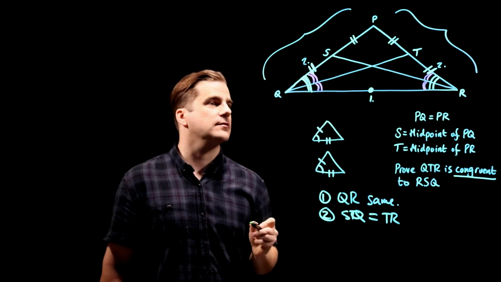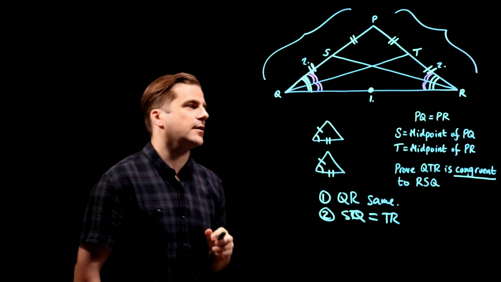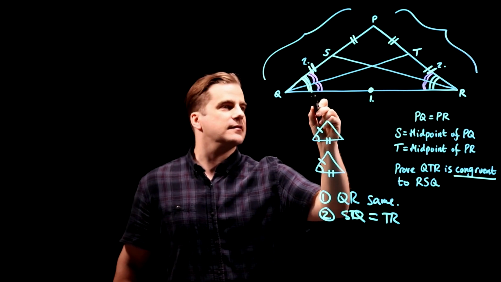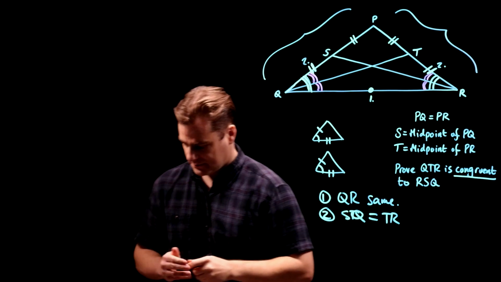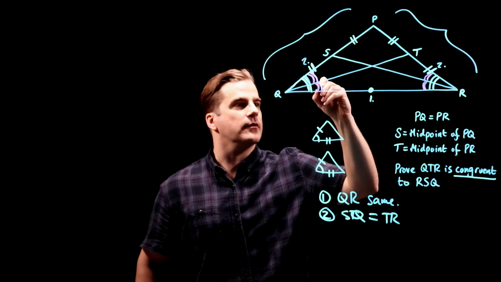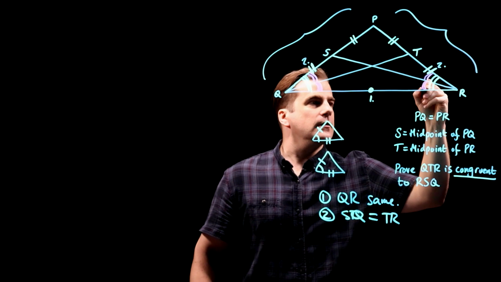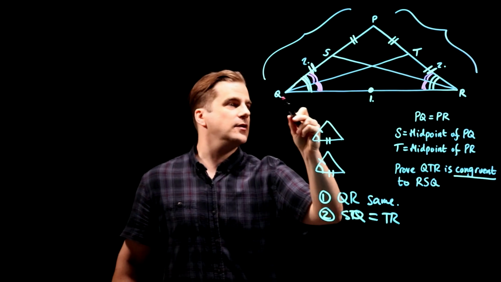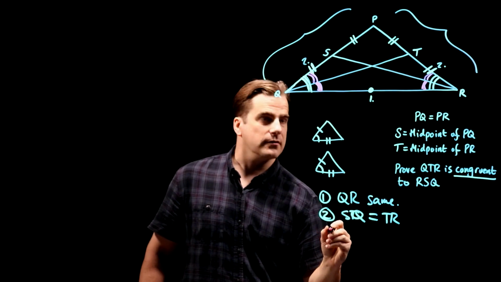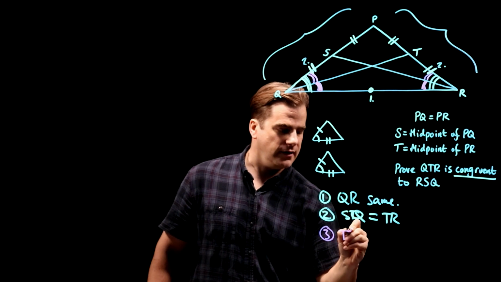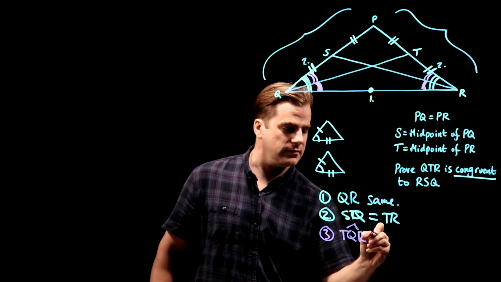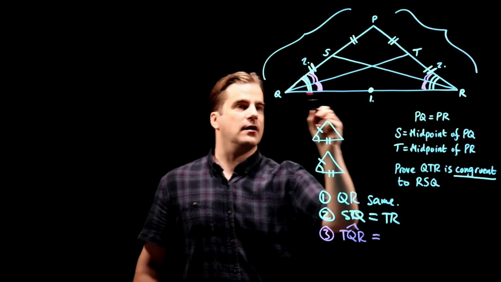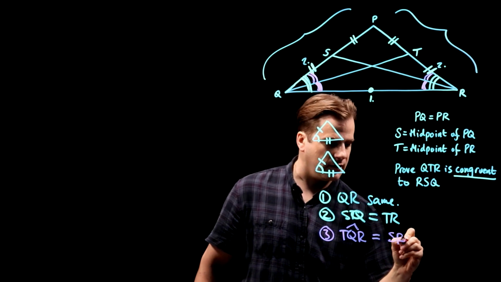It's the big angle. Sorry, what am I talking about? It's not the big angle, of course it isn't. It's this angle here. Okay, it's that one. Angle TQR, so third point, the angle TQR equals SRQ.